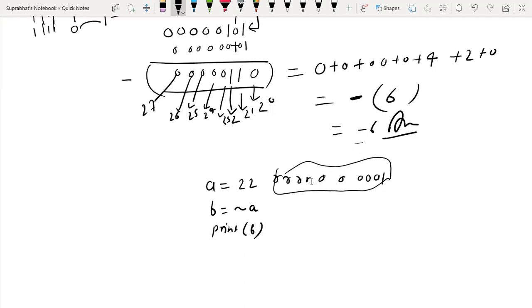So everyone got the answer like this. In this method, everyone got the answer minus 23. Okay, you all will try it after the lectures in free time. Should I go to the next operator?